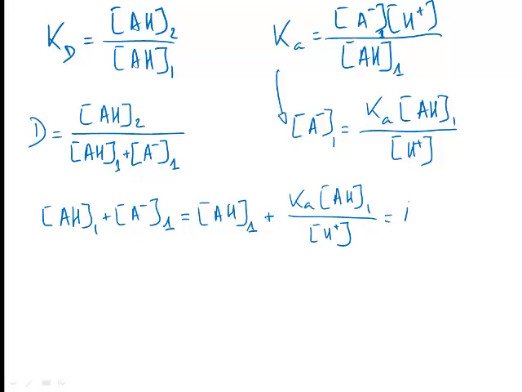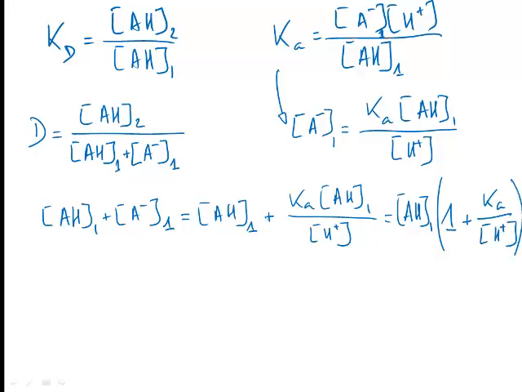So that's AH in phase 1, and I can put all that together as 1 plus Ka over H plus.